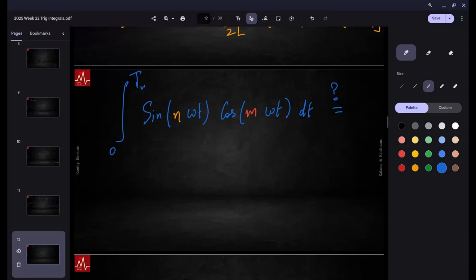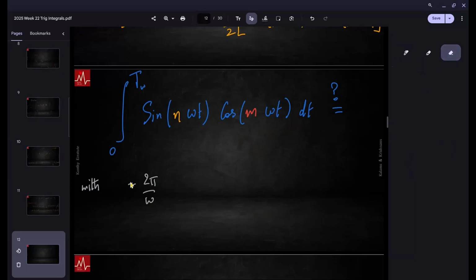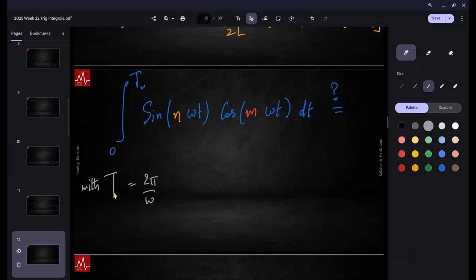Be careful. But T is 2 pi by omega, and n, m are integers.